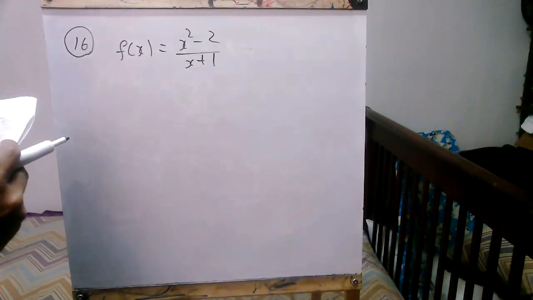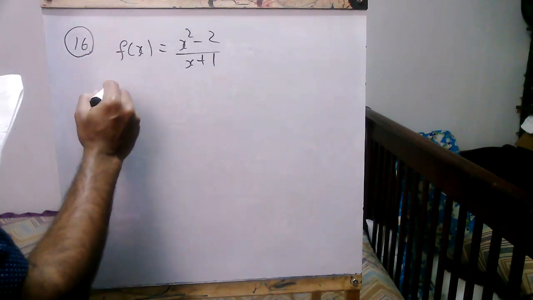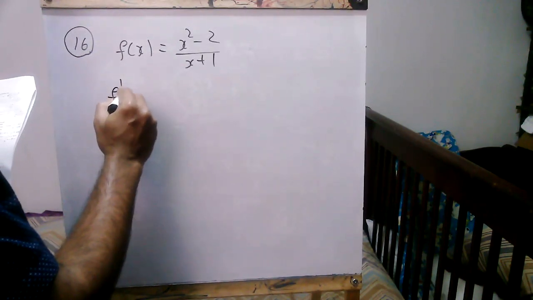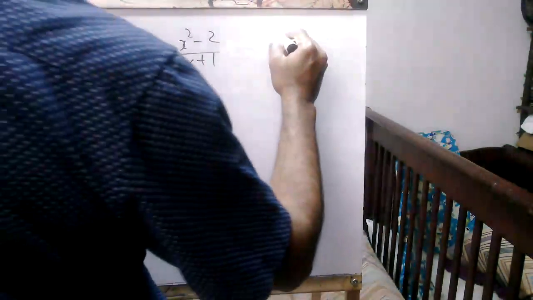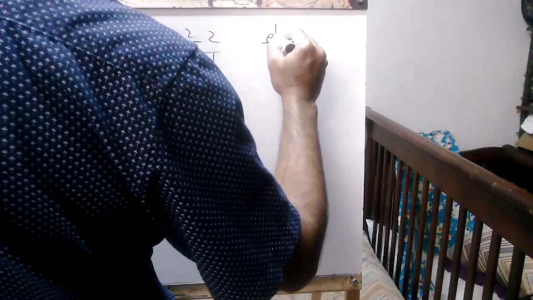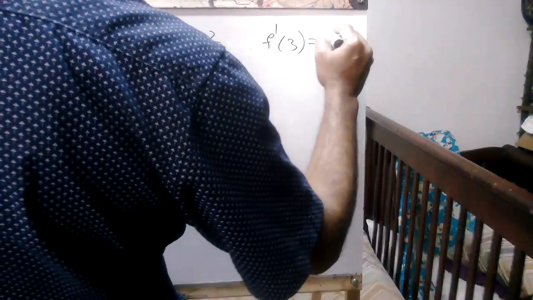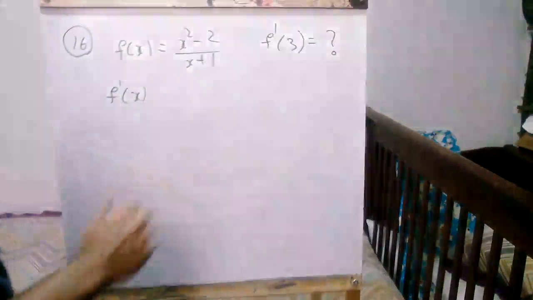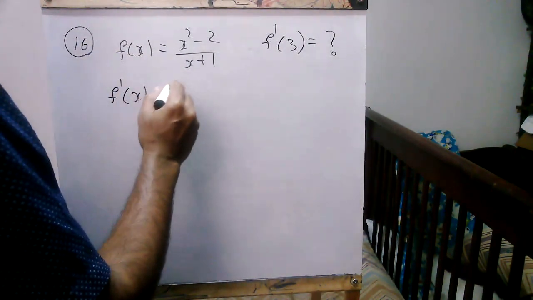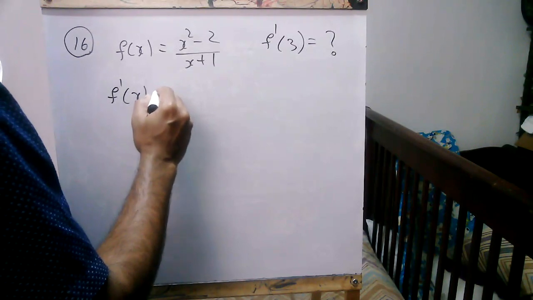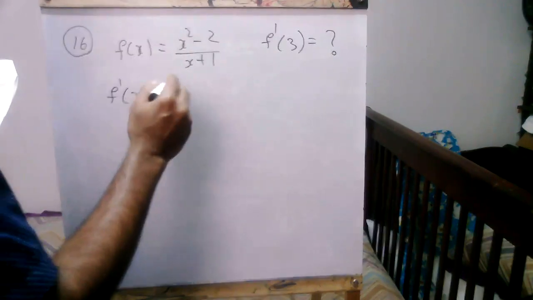So instantaneous rate of change means f dash x. What the question is asking you to find is f dash 3. So first find f dash x. Use the quotient rule.